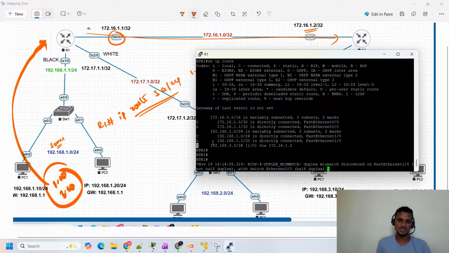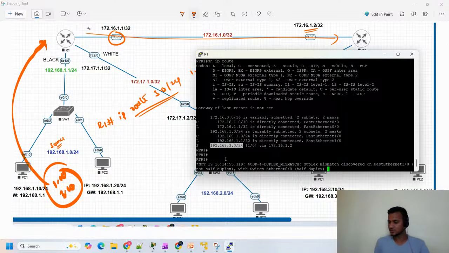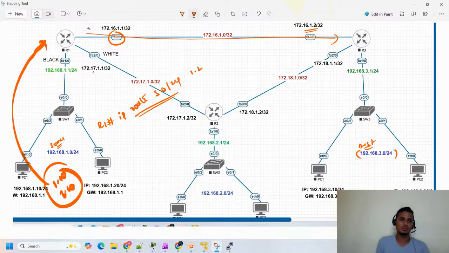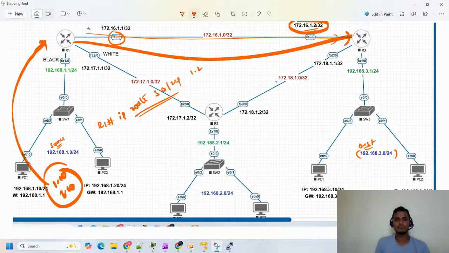S stands for static route to reach 3.0/24 network. To reach 3.0/24 network, I have to go via 172.16.1.2. So this is the via, right? So the router sends the packet to this interface. That's how the communication works.